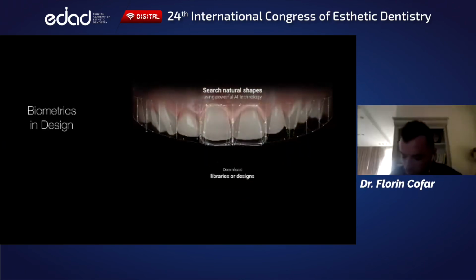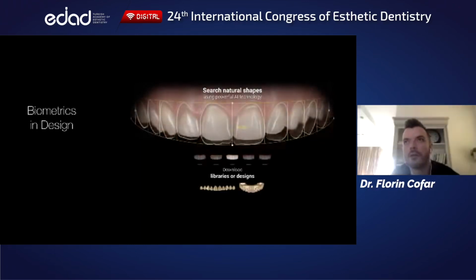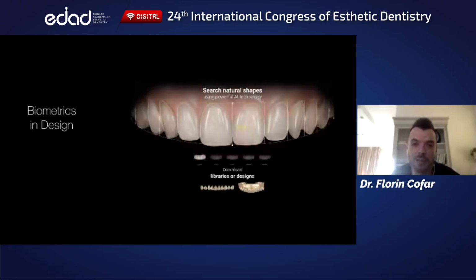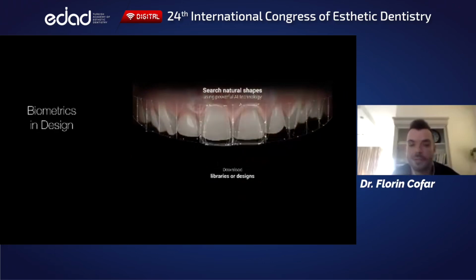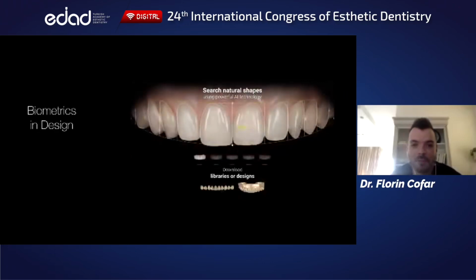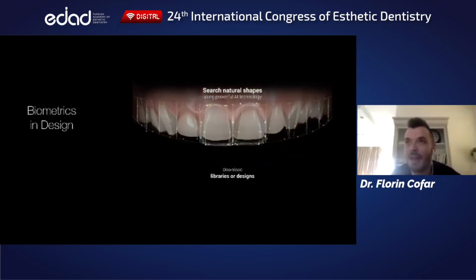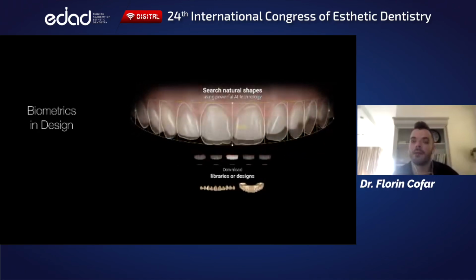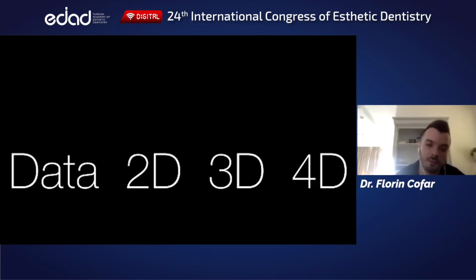So when you select the library, it has to fit your desired criteria for that design. Imagine that central that you select has to have the same proportion, the same papilla, embrasure, contact area ratio, similar line angles, in order for this library to be reproduced on all these steps, from initial data to 2D and 3D and 4D.